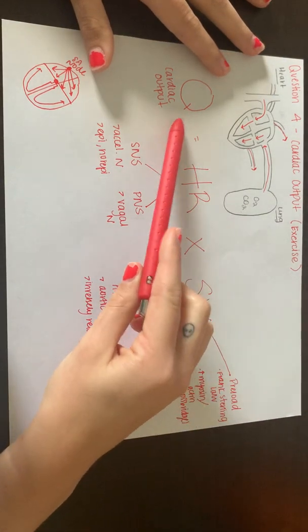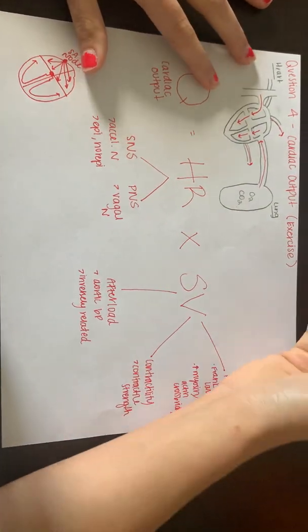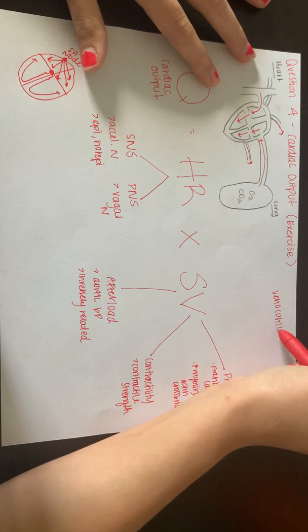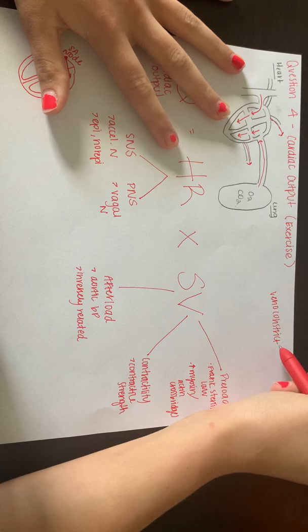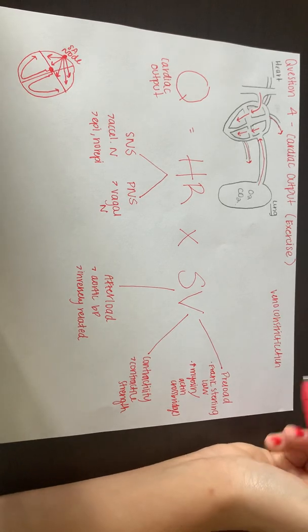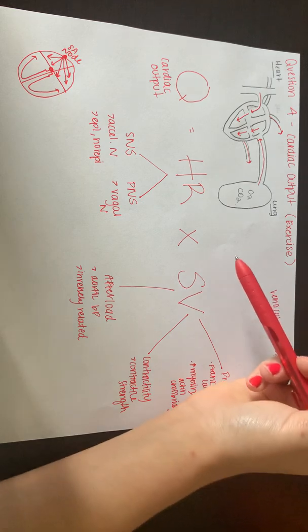Cardiac output is going to increase, and you're going to redistribute the blood flow by things like vasoconstriction, so the sympathetic nervous system can control vasoconstriction to distribute blood back to the heart.